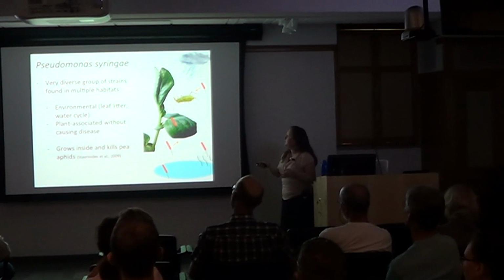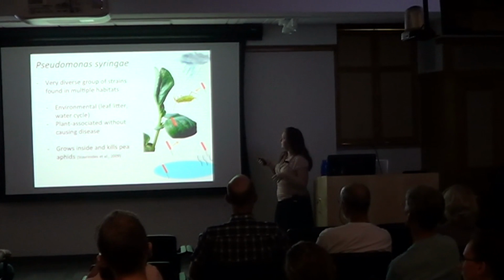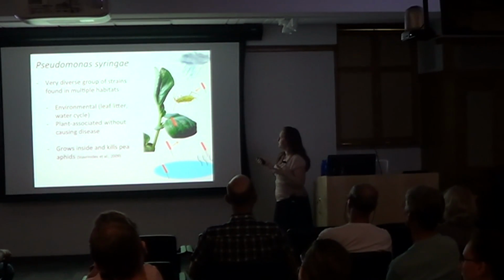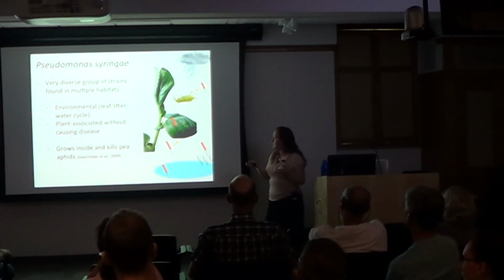It can be found in leaf litter, in particular in the water cycle. So it can be present in lakes and rivers. And it actually rises up into the atmosphere via evaporation and transpiration. And it's thought to be a major biological nucleator in clouds, which forms precipitation and then falls back down. So it can be very common in those environments.